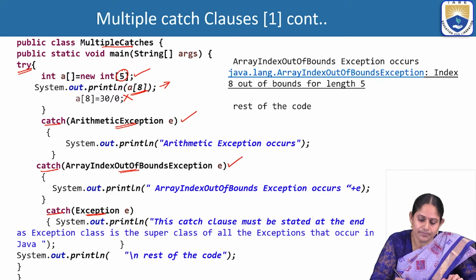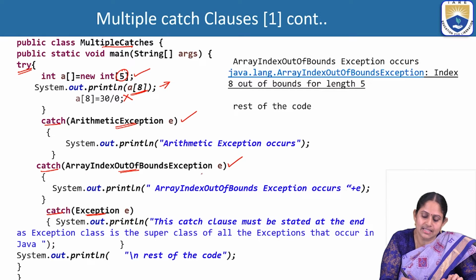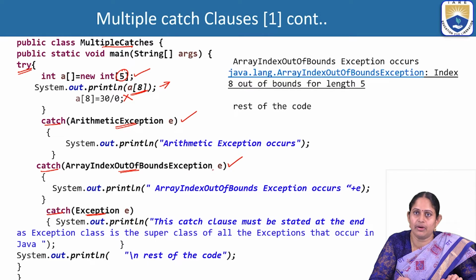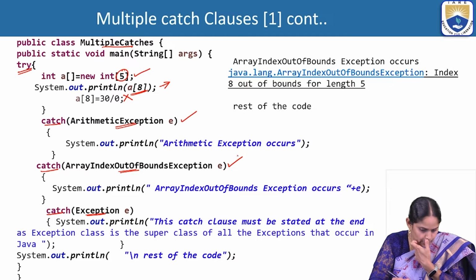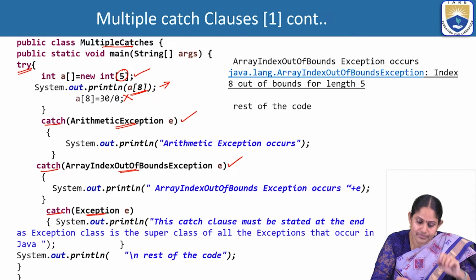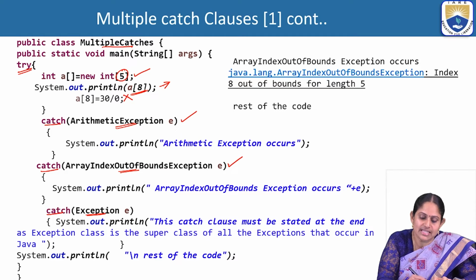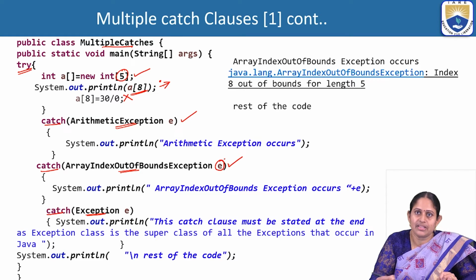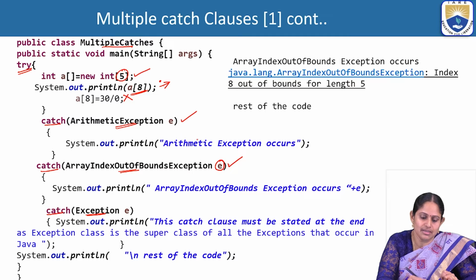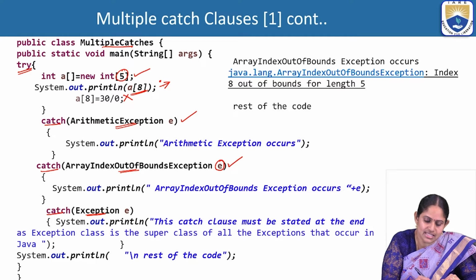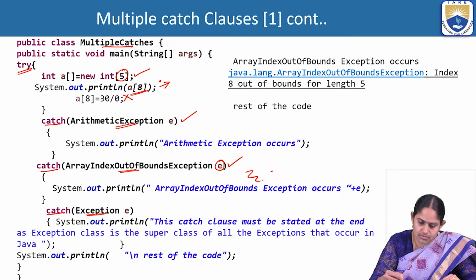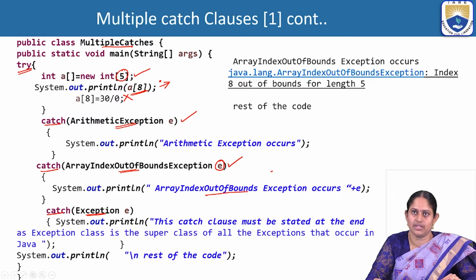At the second one, it is dealing with the array index out of bound exception, so whatever exception object is thrown at this point will be caught into E, and this set of statements will be executed.